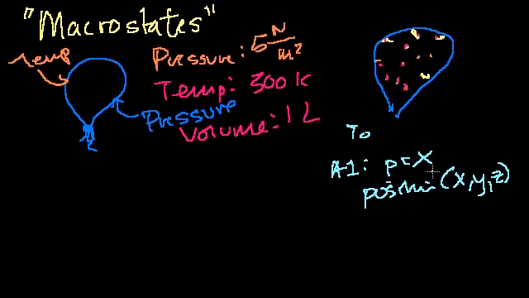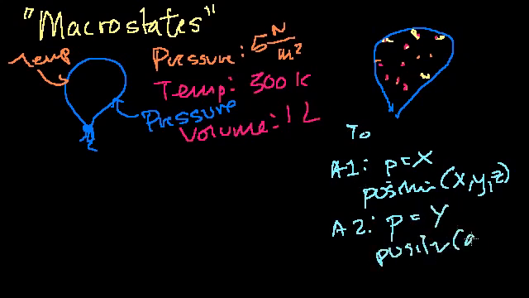And then I could say atom number 2, its momentum, I'm just using p for momentum, is equal to y, and its position is A, B, C. And I could go and give you this. I could list every atom in this balloon.